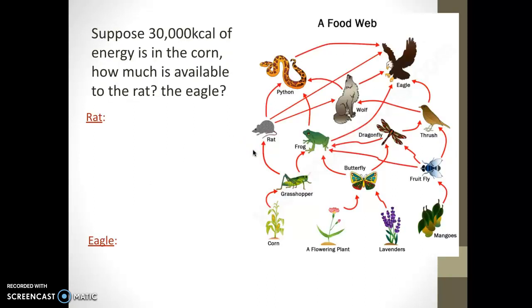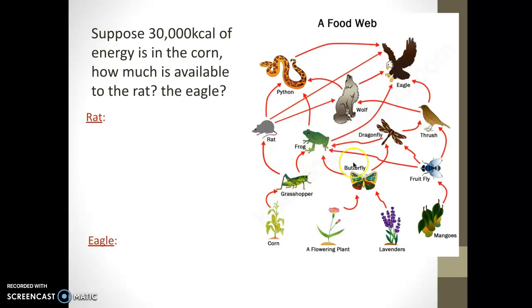And so when we start thinking about that, it really makes us start wondering, why do organisms at the top of a food chain, or maybe even at a food web, have to eat so much? Well, here's why. Suppose 30,000 kilocalories of energy is in corn. How much is available to the rat and or to the eagle?